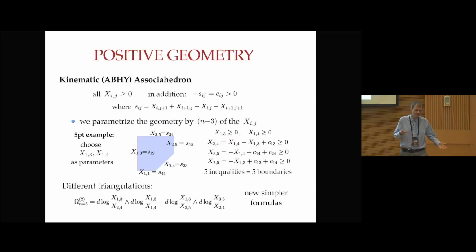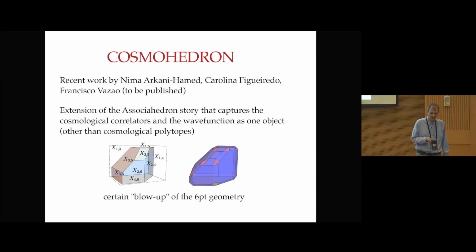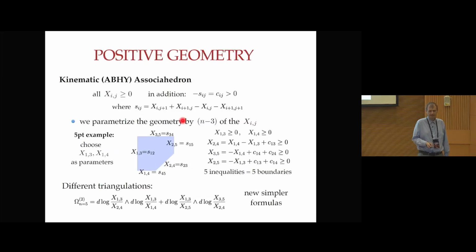You can write it as a sum of Feynman diagrams, or you can do some completely different triangulations. So this generalizes to n-point. The 6-point example is already 3-dimensional, the 7-point example is 4-dimensional, and so on. The associahedron grows in dimensionality with n. The dimensionality is n-3.